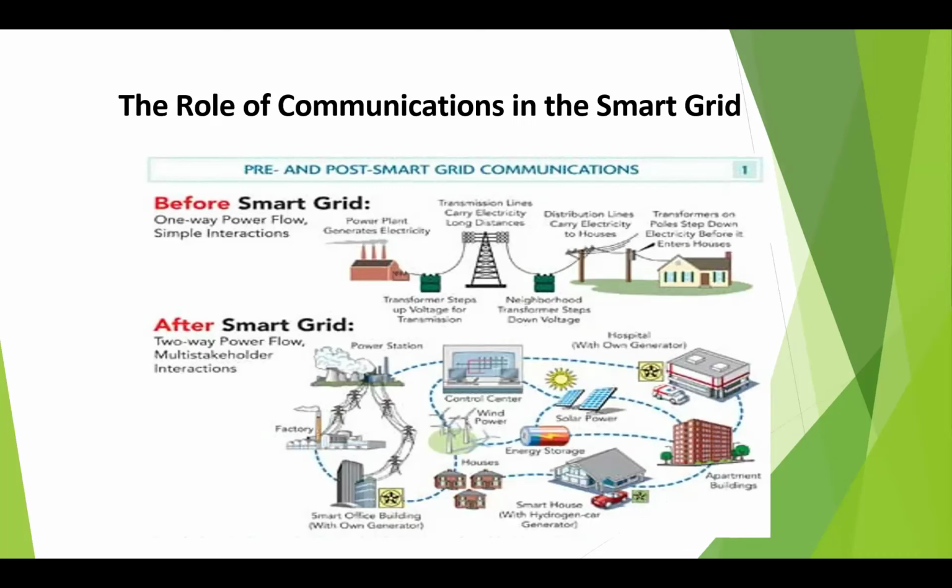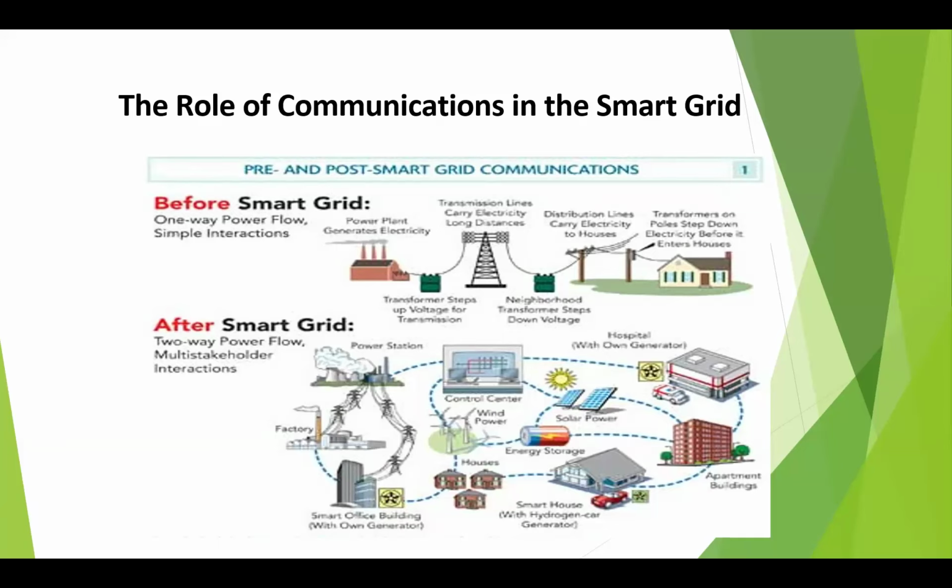We can see in this picture that it is a one-way power flow, and it has only simple interactions between the customer side and the utility, that is, the distribution centers. After the emergence of the smart grid, we can see a two-way power flow, and it has interactions between multiple stakeholders: commercial centers, domestic centers, apartments, smart houses, and power plants.